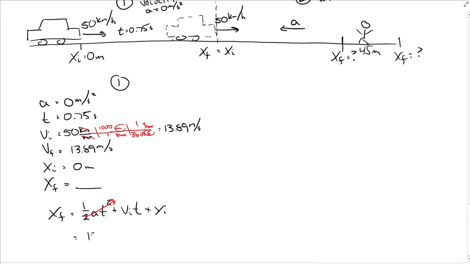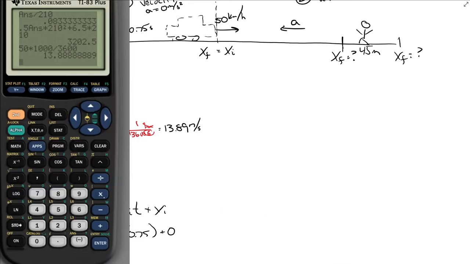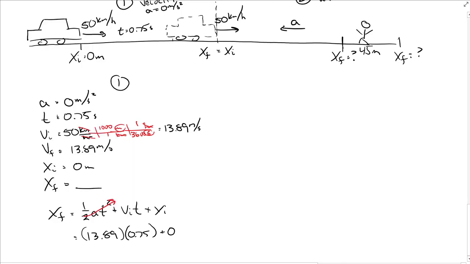My velocity is 13.89, my time is 0.75 seconds, and my initial position is 0. So I can take that value times 0.75, and I know where I'm going to finish: at 10.42 meters.